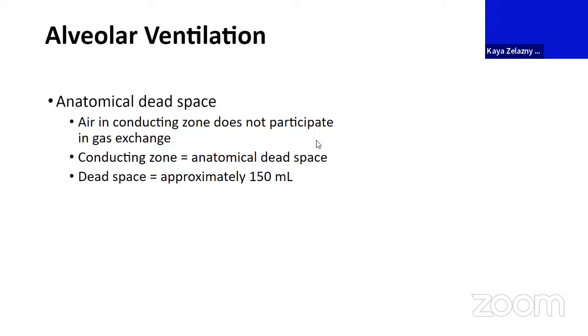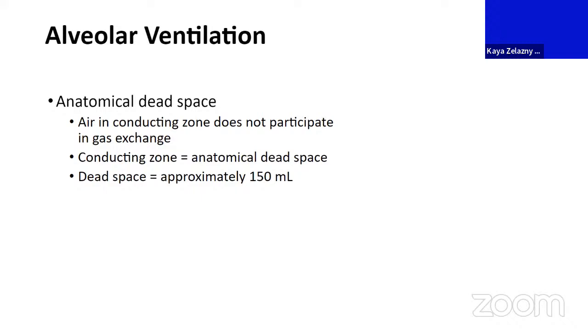However, if we're trying to think about how well are we doing at oxygenating the body, how well are we doing at getting rid of carbon dioxide, our waste product, we might want to take into account the fact that not all that air is in the alveoli. Not all of that air is in the respiratory zone of our respiratory system. Some of that air is in the conducting zone. And the conducting zone is just our series of tubes, our series of airways that gets the air down into the lungs.